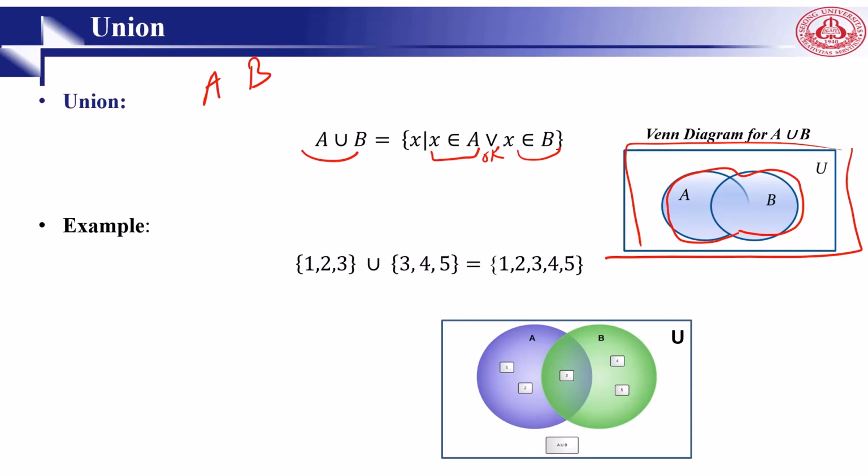For example, if A is 1, 2, 3 and B is 3, 4, 5, then the union of A and B is 1, 2, 3, 4, 5. As you can see here, the union will be all of them.